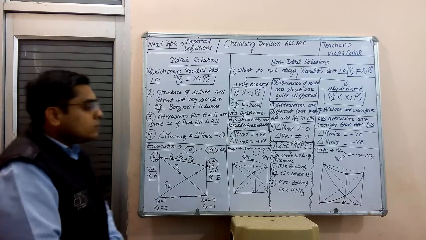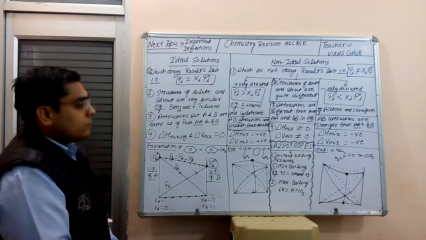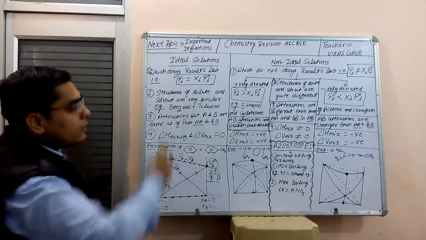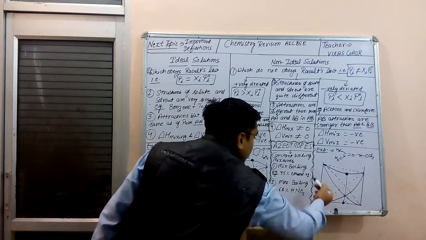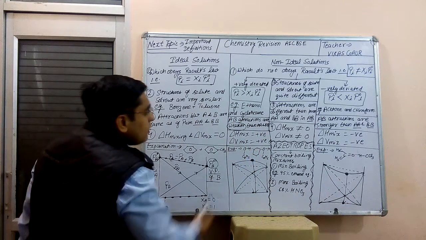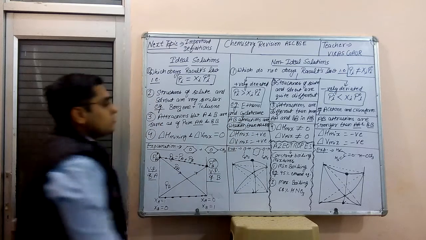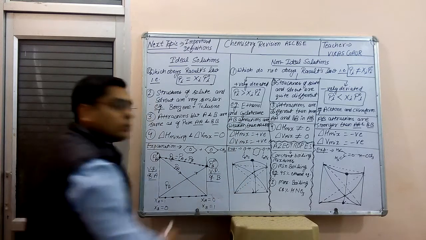A question on azeotropes came in 2016: what type of azeotropes are formed by negative deviation solutions? So these have minimum vapor pressure and maximum boiling. And what type of azeotropes are formed by positive deviation solutions?